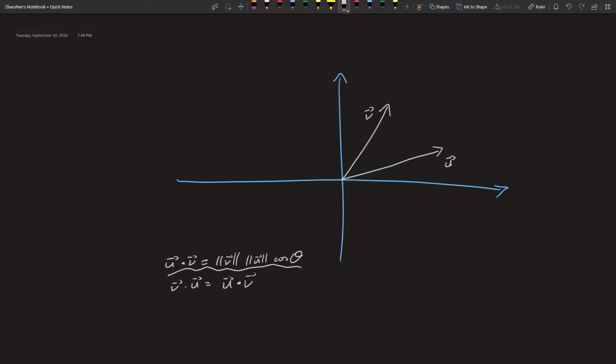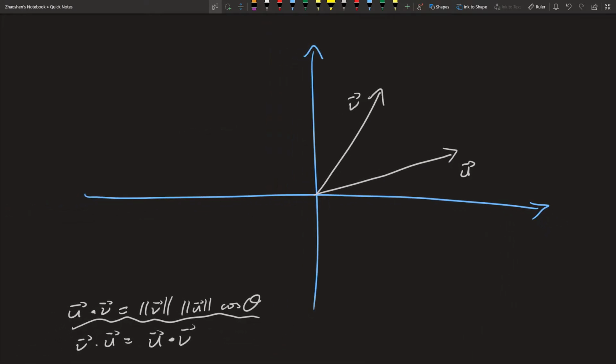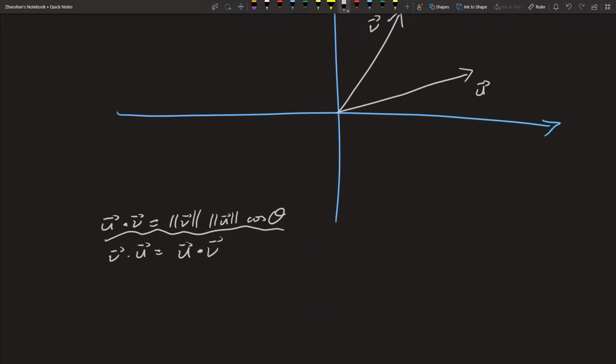Now, how does it actually look? Because I drew two vectors here, right? How can we visualize this multiplication process? If, for example, we group them differently, let's say vector u dot vector v is equal to, I'll switch things around, magnitude of u times magnitude of v cosine theta. This can be represented as one thing, and then this is separate.